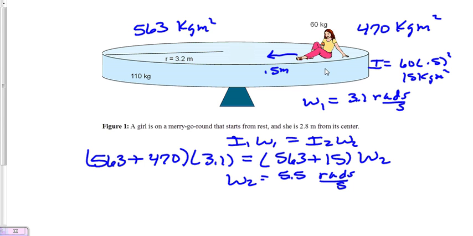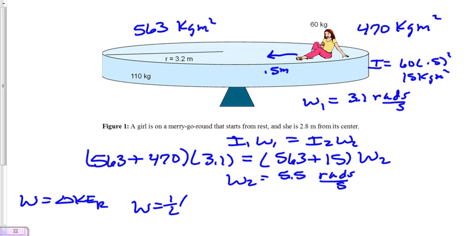The work done as she pulls herself in has to be equal to the change in rotational kinetic energy for the system. So to find the work done, I'm going to label work is equal to the change in rotational kinetic energy. So let's calculate that here. So the work is going to equal 1/2, now we'll add these two together and have omega 2 squared.